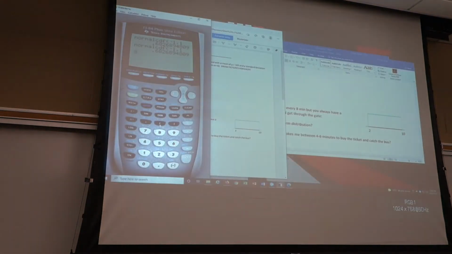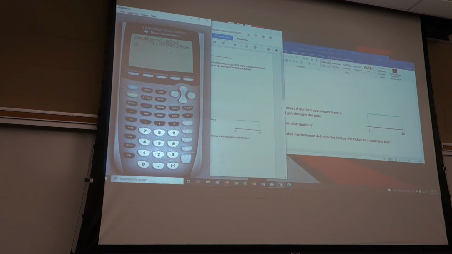So how do you do it? Turn on your calculator, clear it. Second bars, just like you do for normal CDF right here. Second bars. Down to inverse norm. Enter. I'm going to put in 0.025. You got to put it as a decimal. Enter. I get negative 1.959996. So negative 1.96 when you round it.